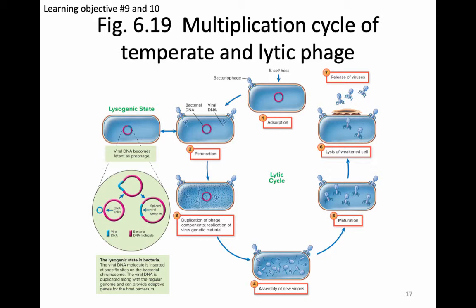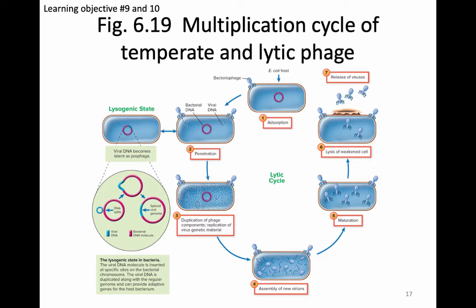In step 2, penetration, the tail fiber and tube are compressed to inject the bacterial cell with the viral nucleic acid. In steps 3, 4, and 5, the components of the bacteriophage are replicated by the host cell machinery.